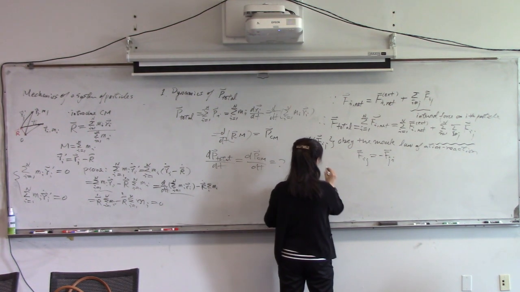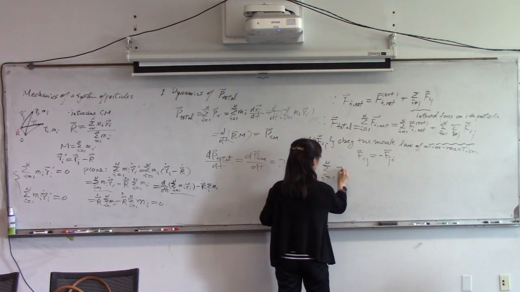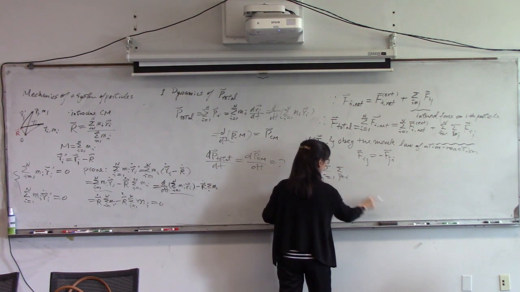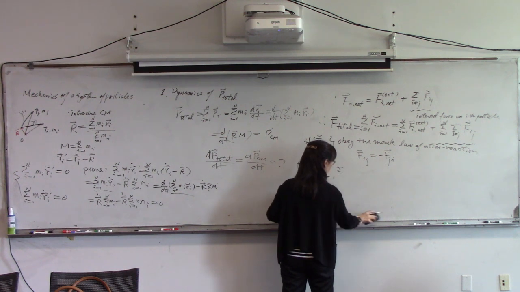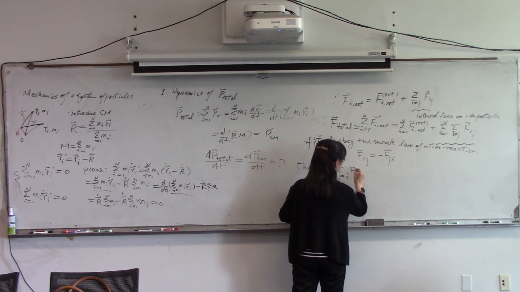Now let's look at the second summation, the sum over i from 1 to n and j not equal to i of F_ij.